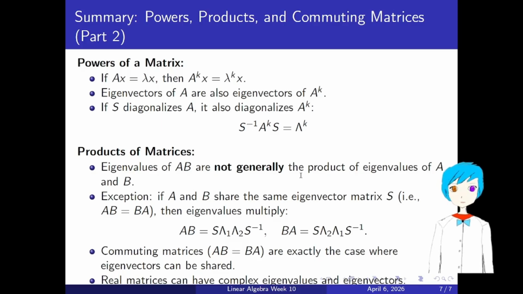If A and B share the same eigenvector matrix S, then the eigenvalues multiply because the two eigenvalue matrices Lambda 1 and Lambda 2 commute with each other.